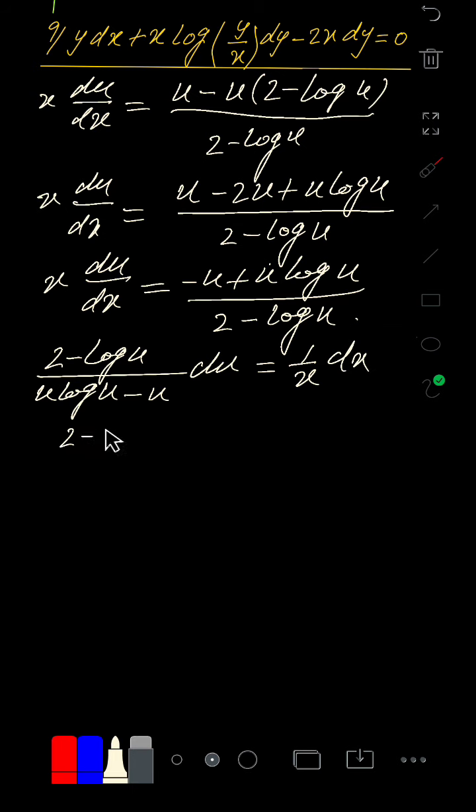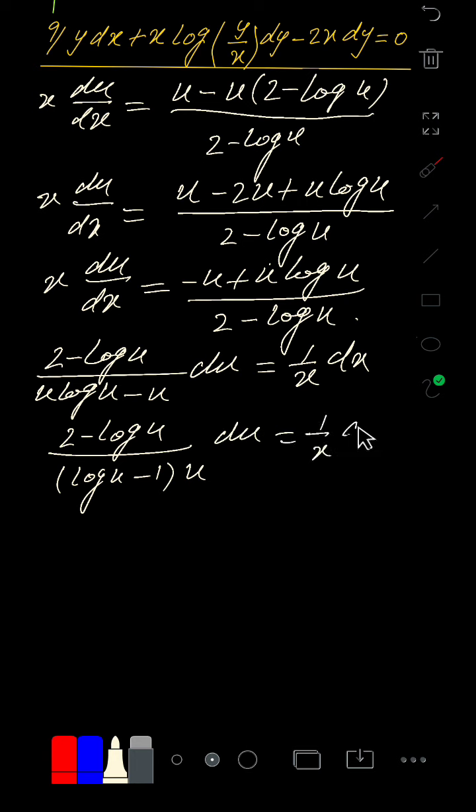And as u is common out of these two terms in the denominator, we should take u common. So inside the bracket we have log u minus 1 into u du is equal to 1 upon x dx.